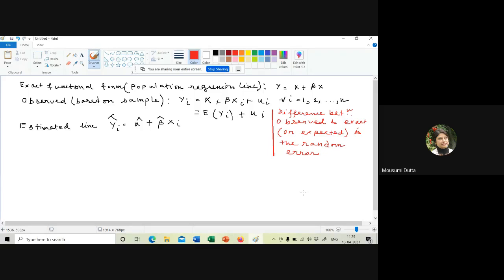Some of the observations will lie above the line, on the line, below the line. Okay, so everywhere there will be points. So you will get a scatter. That scatter is following a pattern, and therefore, the kind of fit you are trying to have, that may be the right fit.